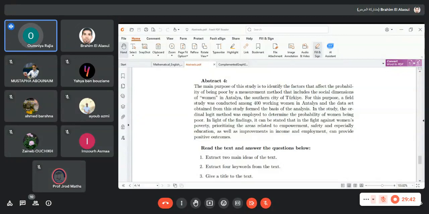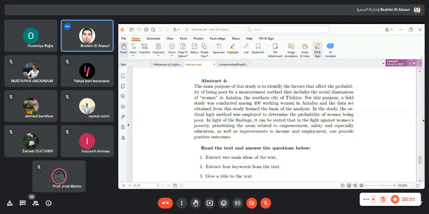Okay, the solution is safety and education, fighting against women's poverty.